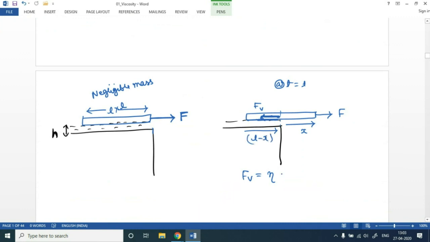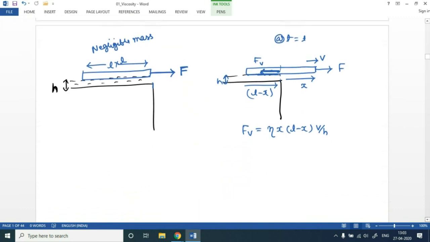So the area is going to be L times (L minus x)... eta A, and the velocity gradient, let's say this is h and at this instant it is moving with velocity v, so the velocity gradient is going to be v by h. So this is the drag force.